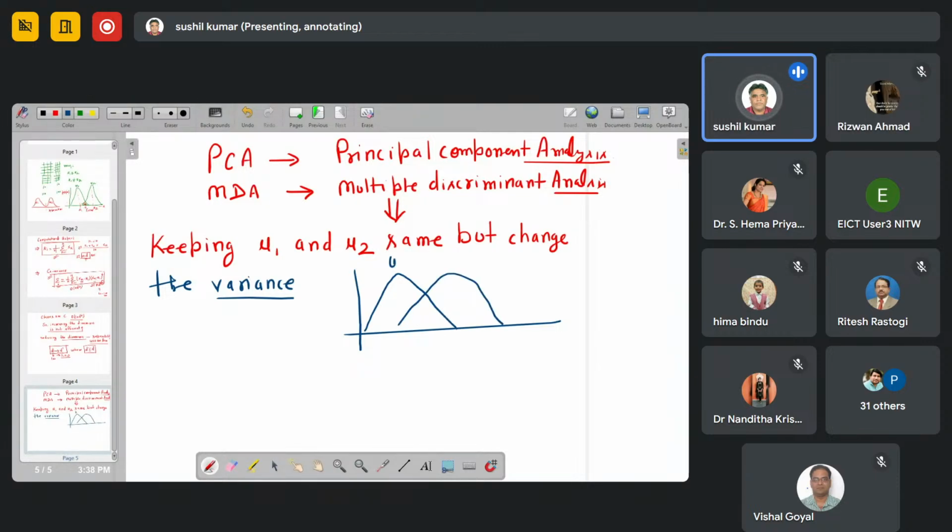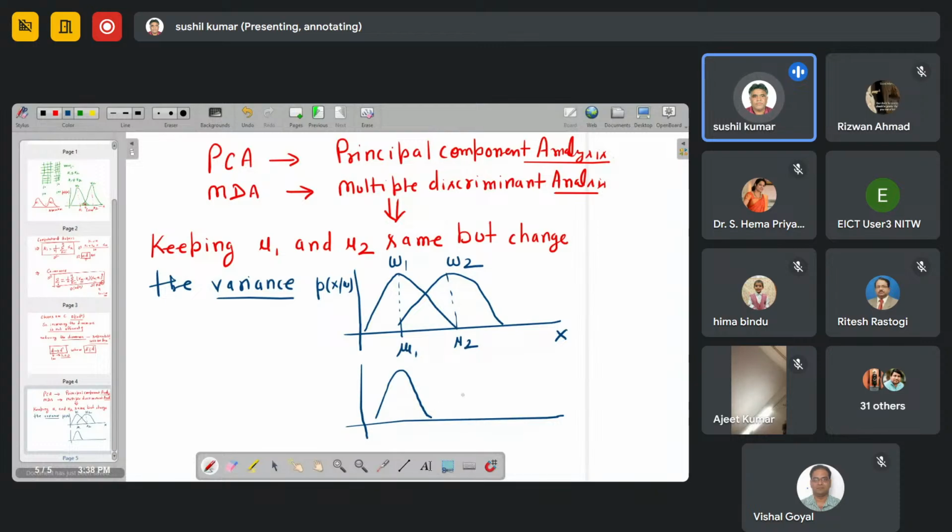Okay, this is omega 1 and this is omega 2, this is the probability of x given omega, and this is x here, and this is mu1 and mu2. When we are talking about variance, the variance will give you a value like this. Sorry, I made a mistake here.